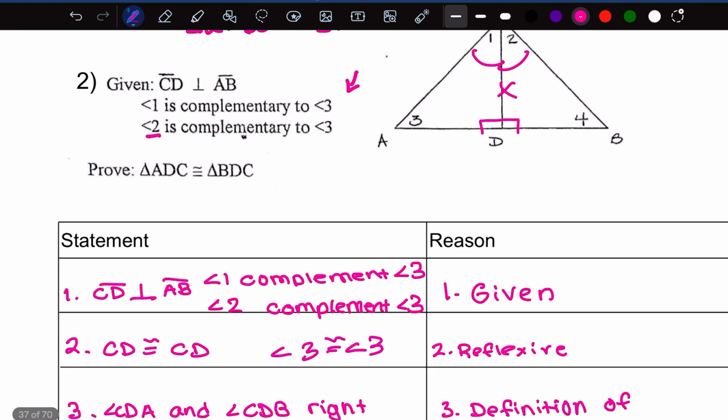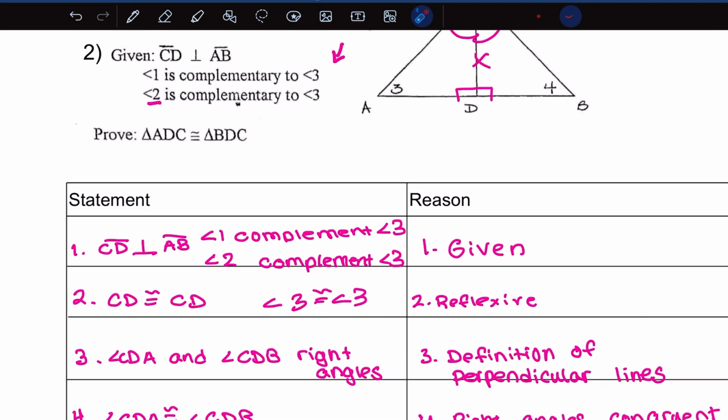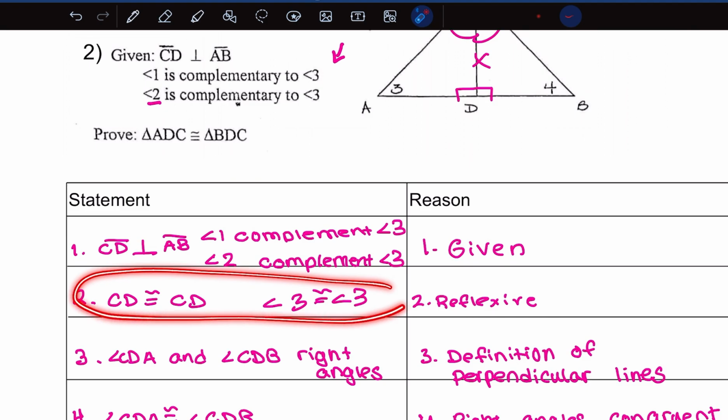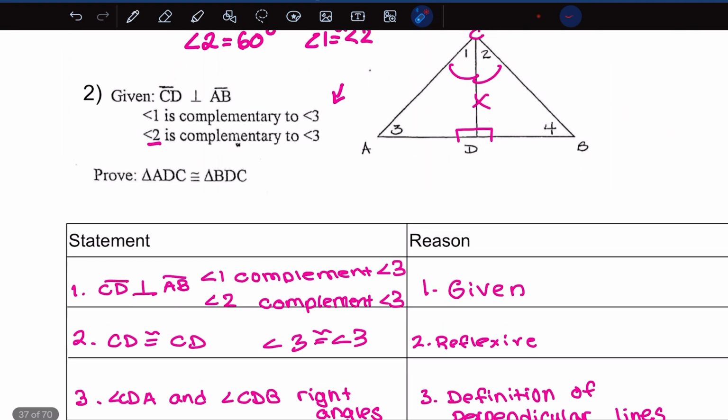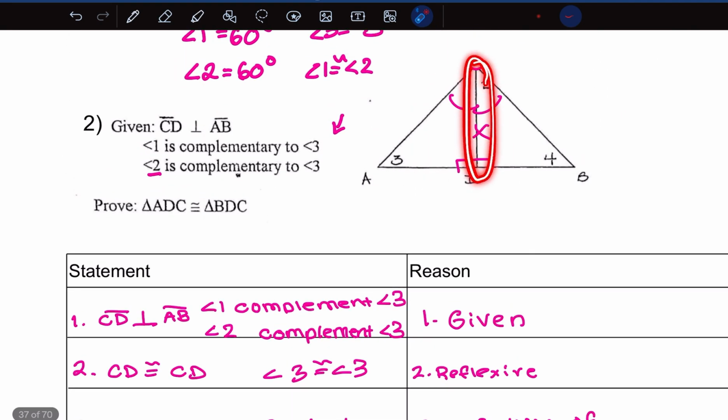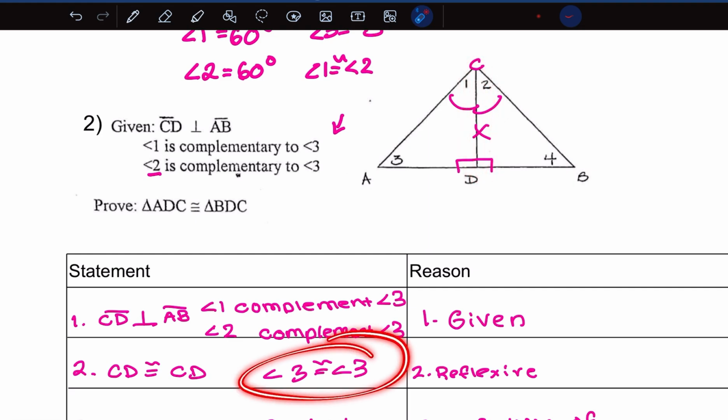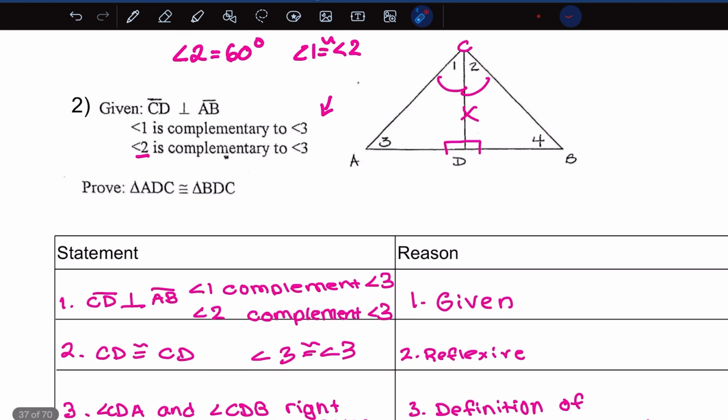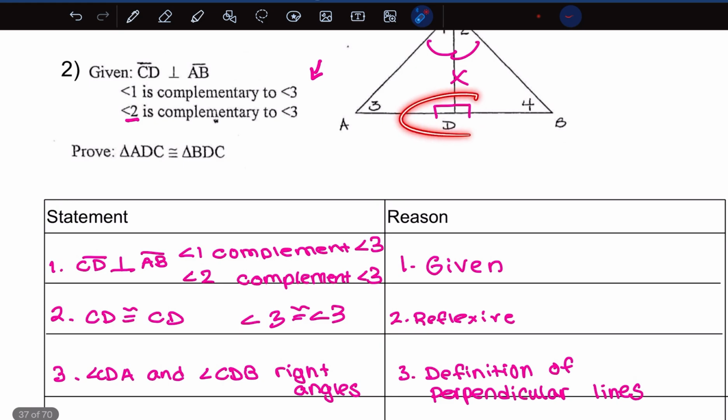So first, as always, we write our given statements. I'm going to use the reflexive for two properties here. I'm doing CD to get our side in between our angles, as well as angle 3 is congruent to angle 3. I'm stating that I have a pair of right angles based off of the definition of perpendicular lines.